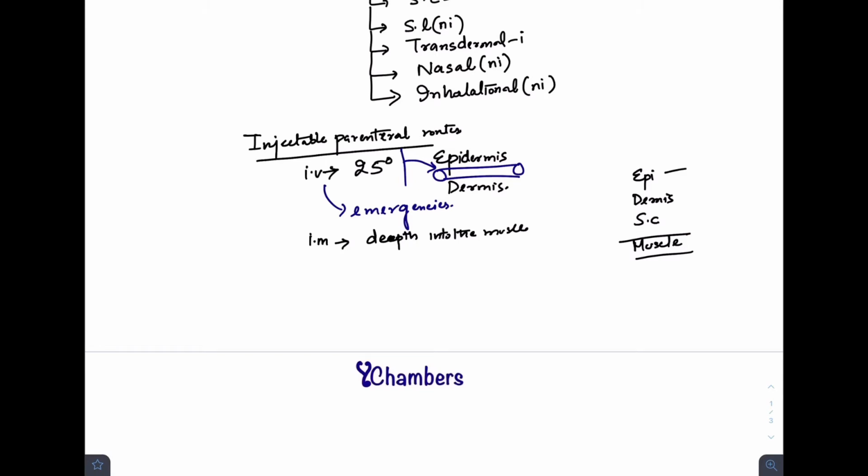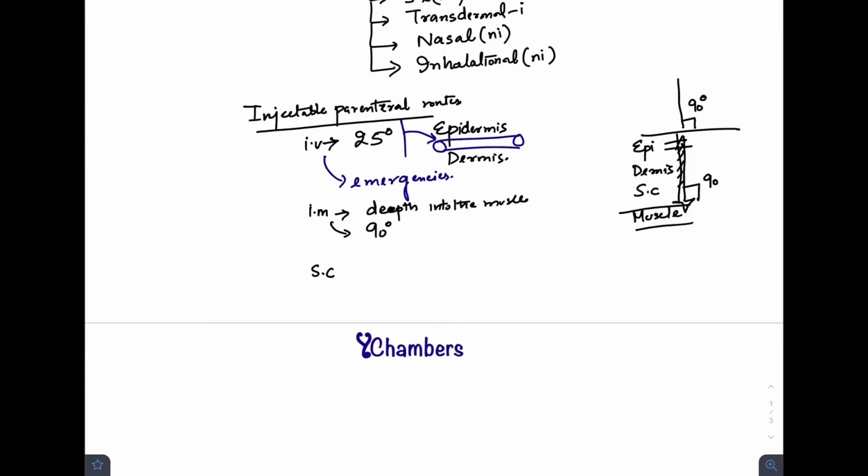You have to pierce all these layers to reach the muscle, isn't it? So the angle should be 90 degrees. Your syringe should be inclined 90 degrees to the plane of the site of administration. So IMs are given at 90 degrees, perpendicularly.